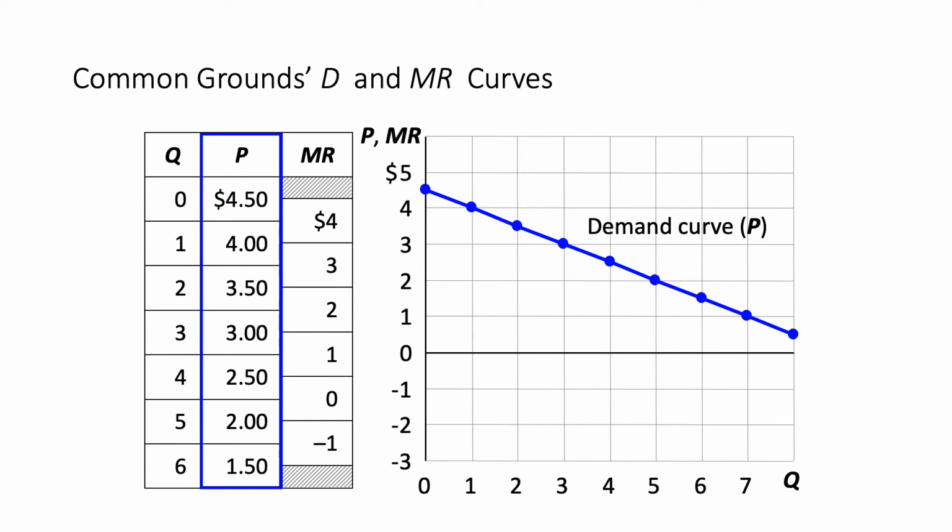So here we have our demand curve graphed out. You can see it's a graph paper and our demand curve is graphed out there. And if we plot out marginal revenue, notice it's right at the in-betweens of each of those quantity values. And so notice our marginal revenue is basically at 0 right between $2.50 and $2.